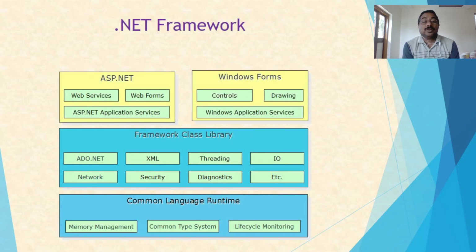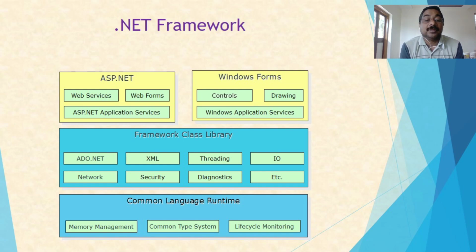This is the overall structure of the .NET framework which we have already seen earlier in our last many sessions. Even though this is just an overview of the .NET framework, see here there are different layers.